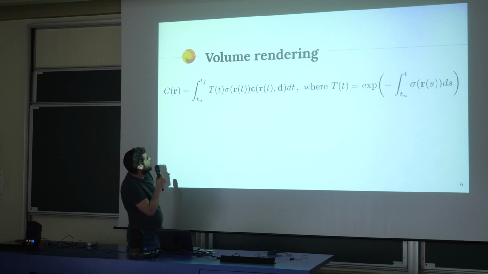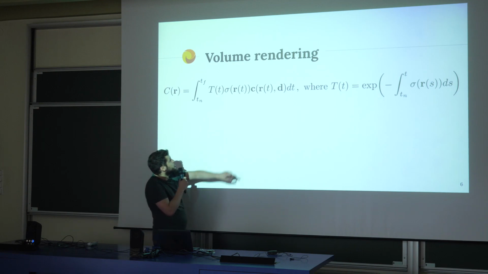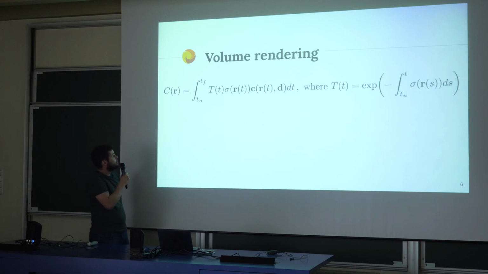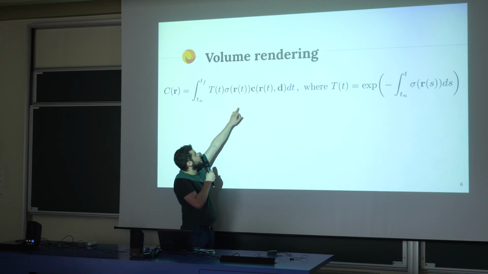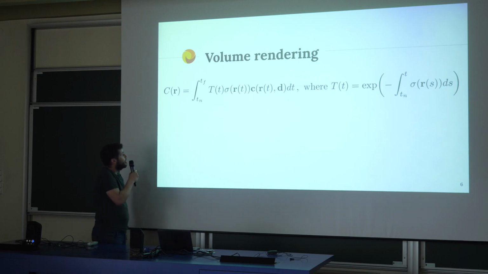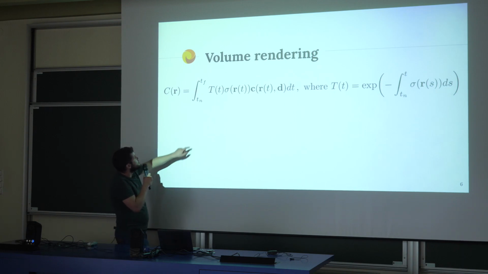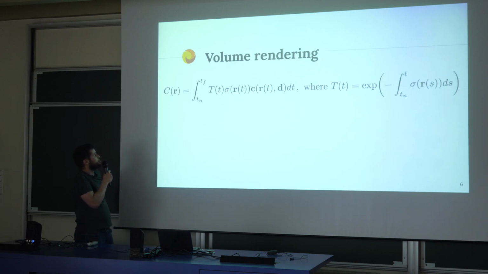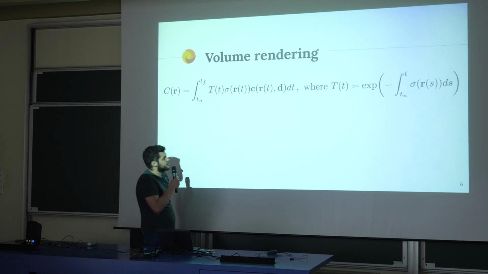This is an integral with 3 parts. Starting from the right, we have the color itself. We want to average over that. But we also have the density at that point. This is also pretty straightforward. And there's the t. This t stands for the part which is proportional to the amount that this particular spot in space is not yet covered by previous pixels.